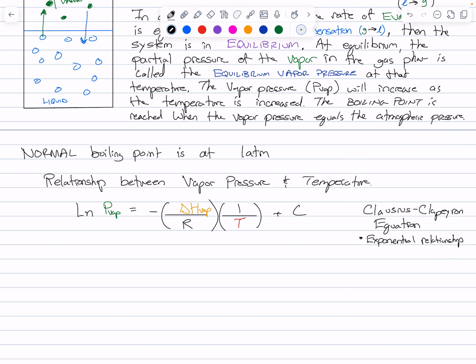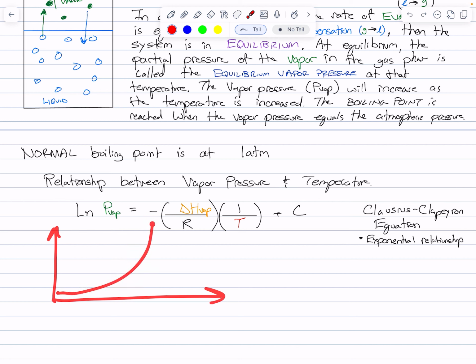What does that mean? That means as temperature increases, the vapor pressure increases, an exponential increase. It doesn't look like there's much going on down here, but by the time you're up here, it's way up there. So that's an exponential increase. That's what we're talking about.